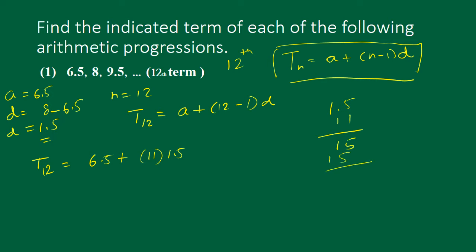So you get 16.5, and 6.5 plus 16.5 is 23, right? That's it. T12 is 23. So you have found the answer.